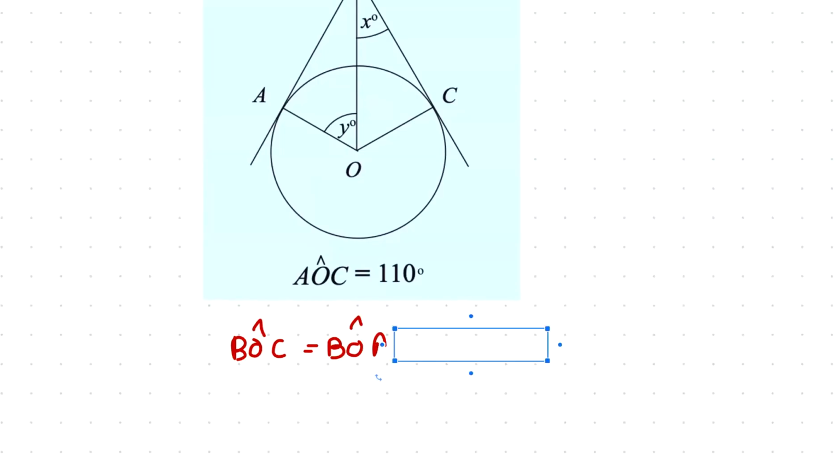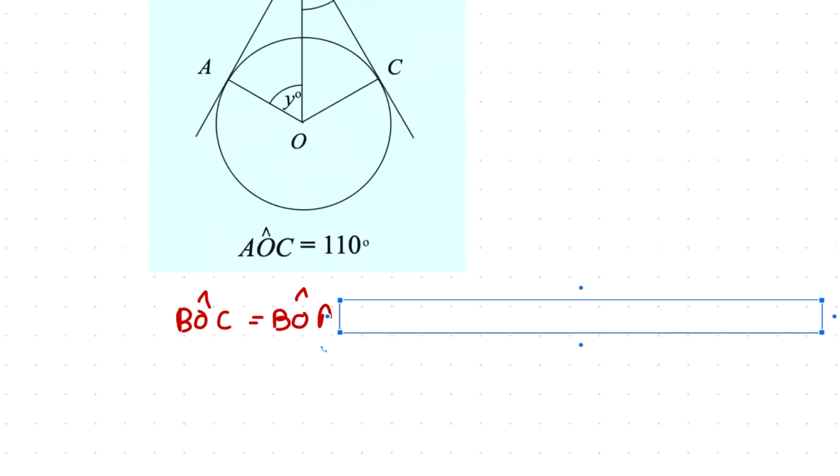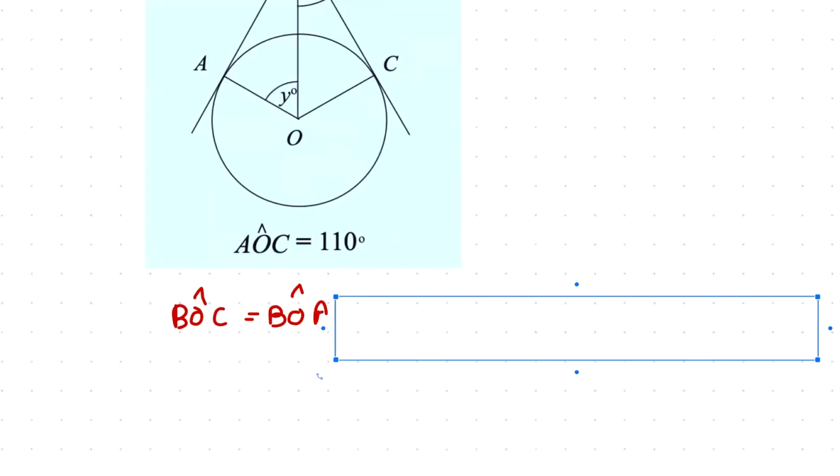When two tangents are drawn from an external point, the tangents subtend equal angles on the center. Kind of a lengthy reason, no?